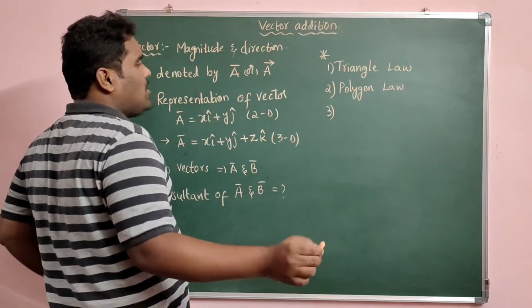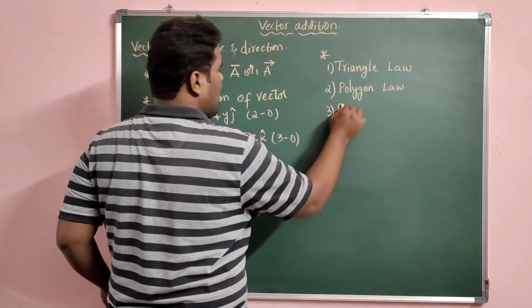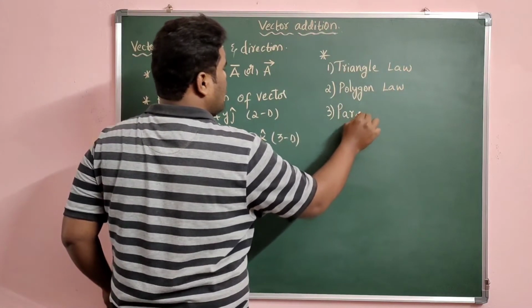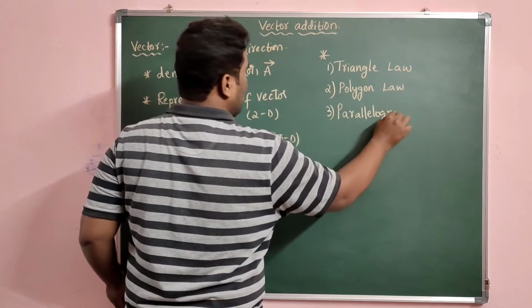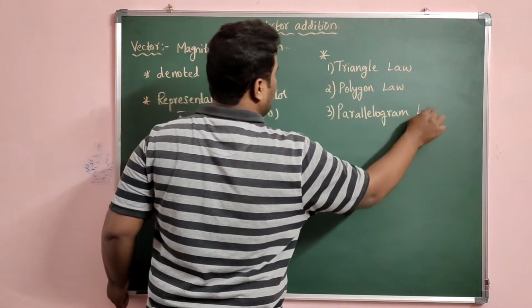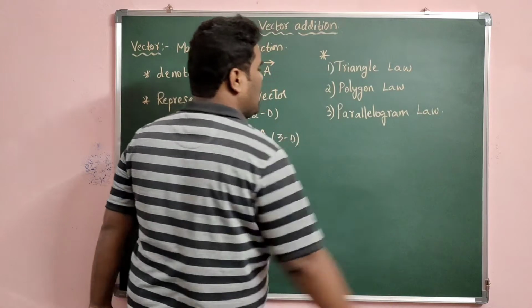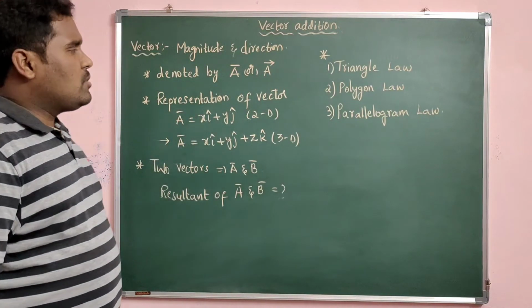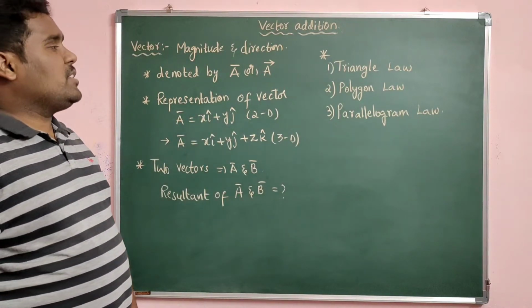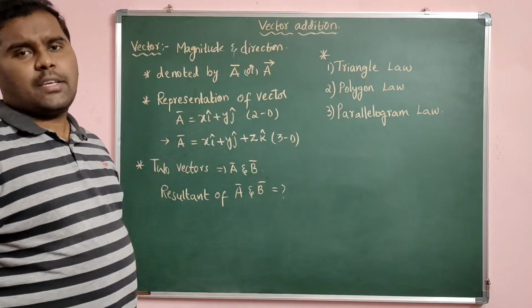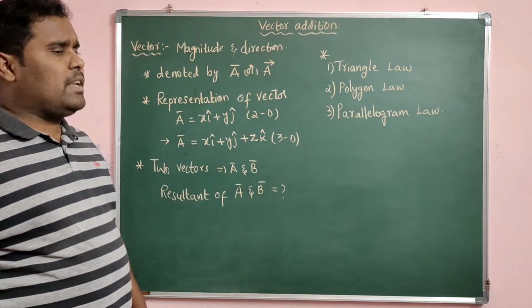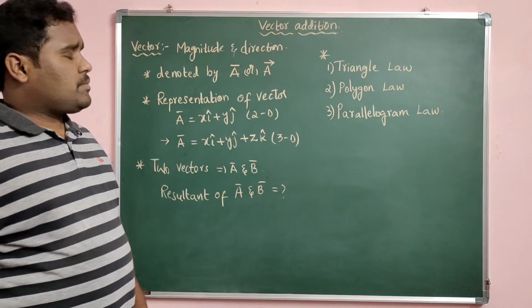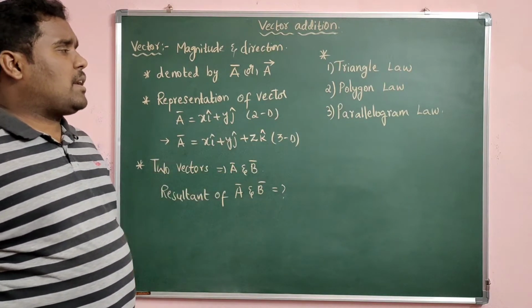To find the magnitude we will use another law, the parallelogram law. We will see all these laws one by one in our upcoming videos. Initially we will learn the triangle law of vector addition, then in the next video the polygon law, and after that the parallelogram law.